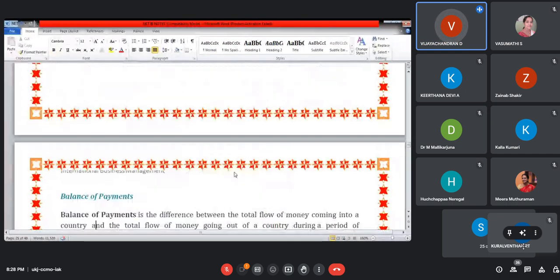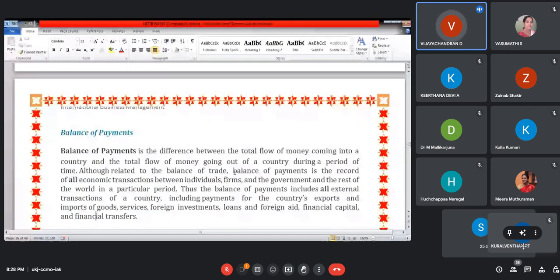So what is the balance of payment? It is the difference between the inflow of money by way of export and the outflow of money by way of import. So that is known as balance of payment.